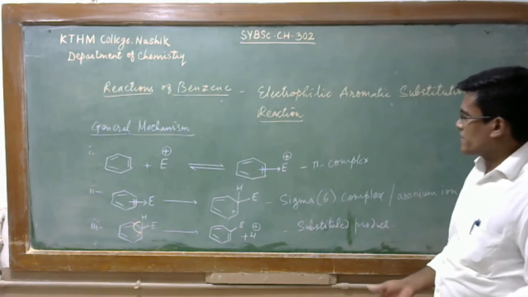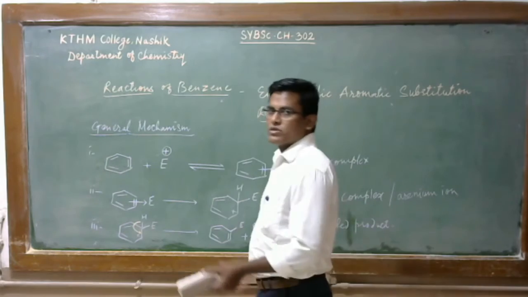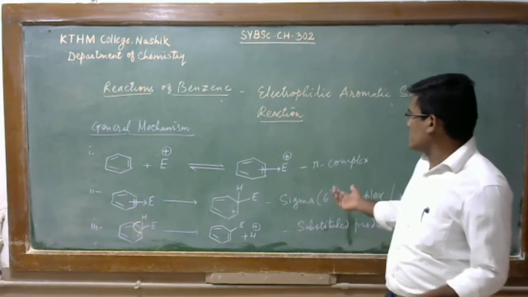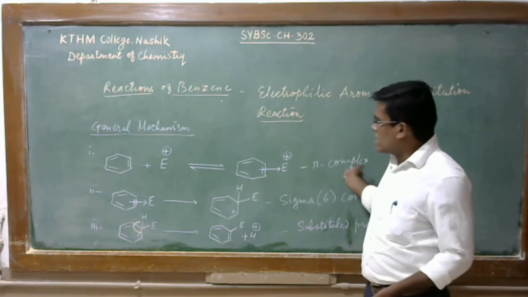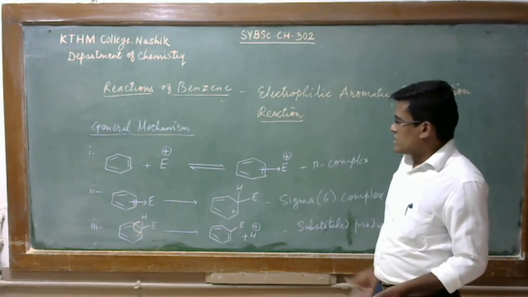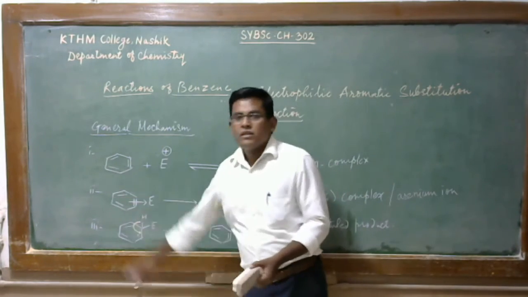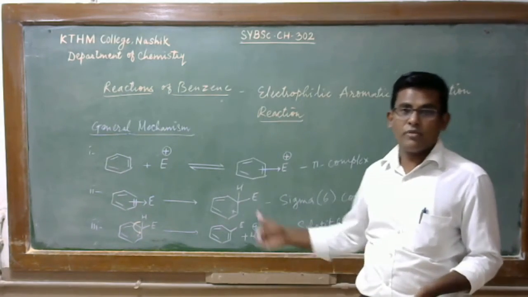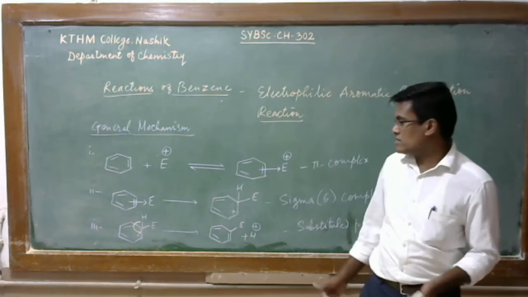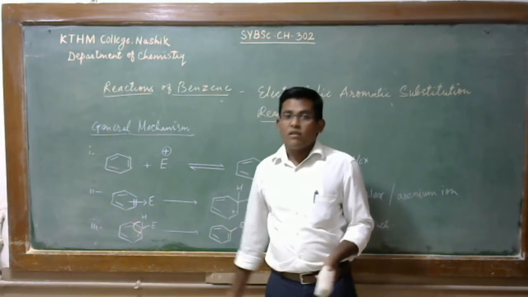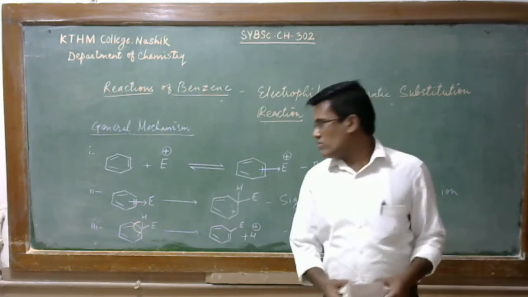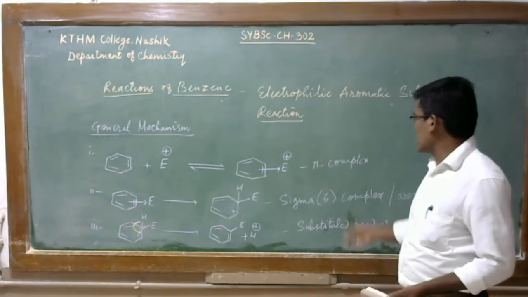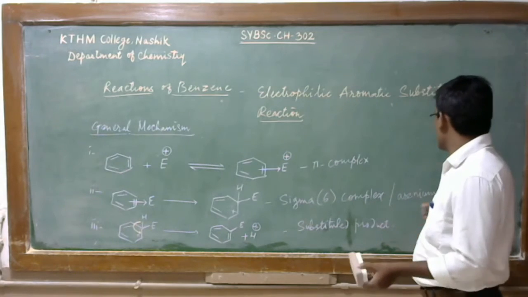In the first step, the electrophile will approach the aromatic system, that is benzene, which forms the pi complex. In the second step, this aromatic system will donate the electrons to the electron deficient electrophile to form the sigma bond, and this species is known as the sigma complex or arenium ion.